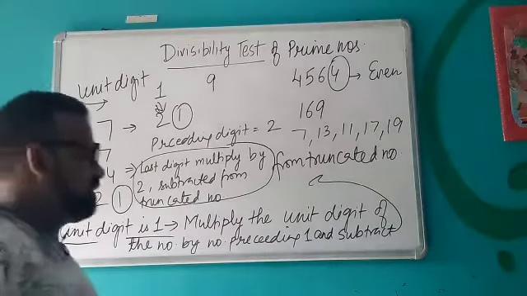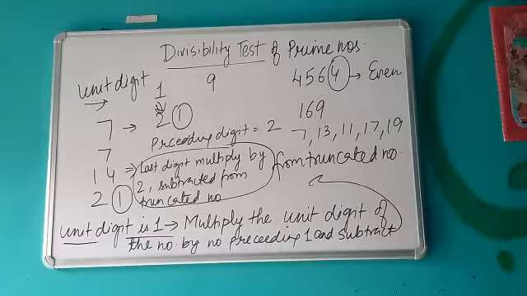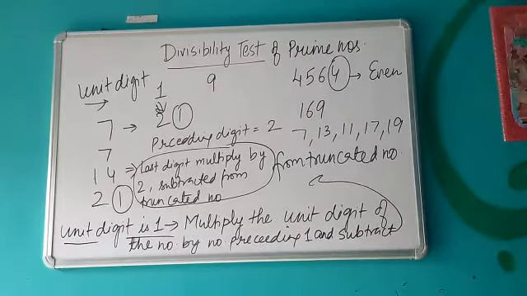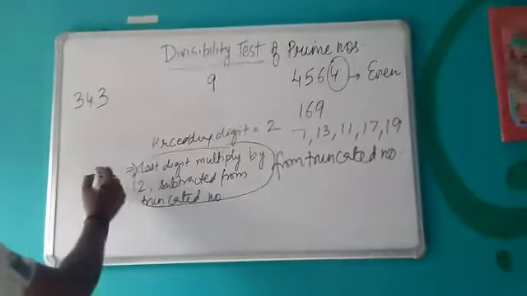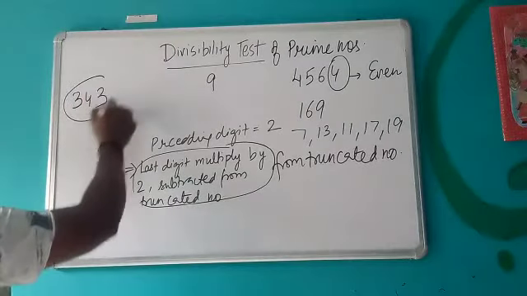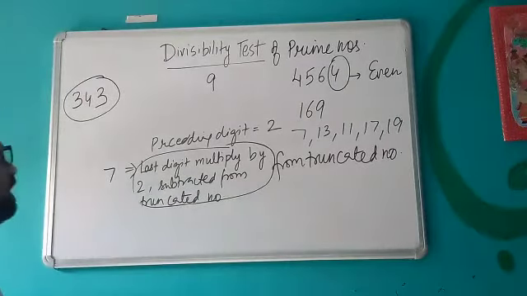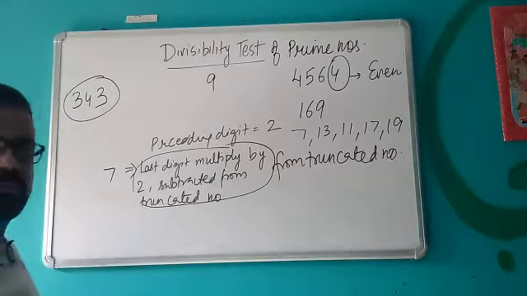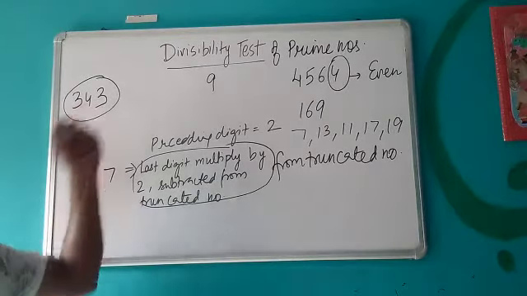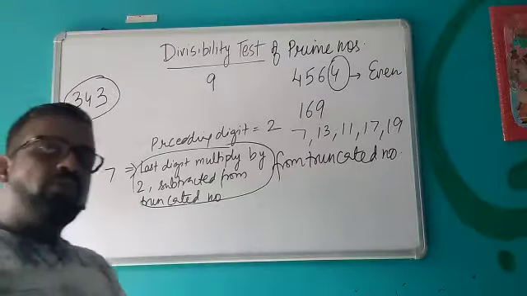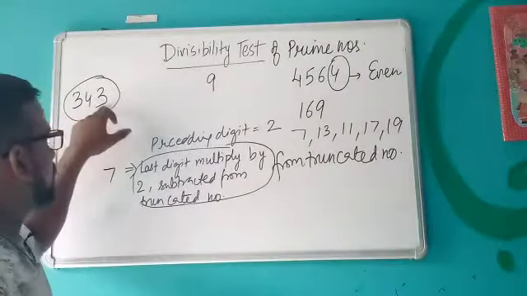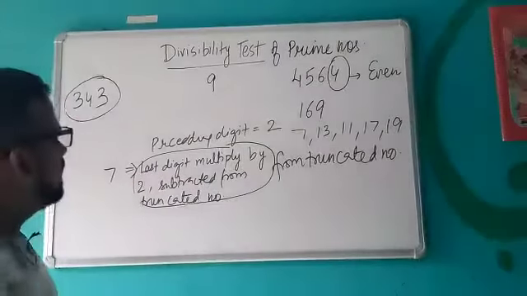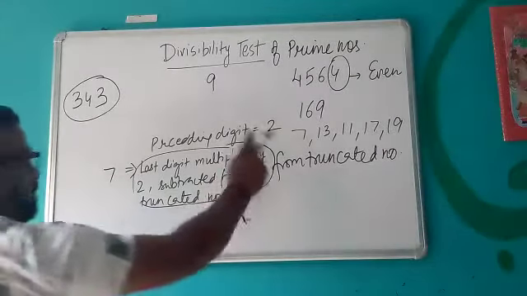Let's take one example. Suppose I have 343, and you already know that this number is not divisible by 2 because it is not an even number. For 3, we simply add the digits: 3 plus 4 plus 3 gives 10. So let's check it by 7.